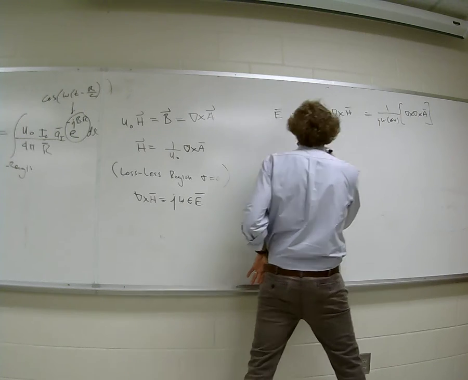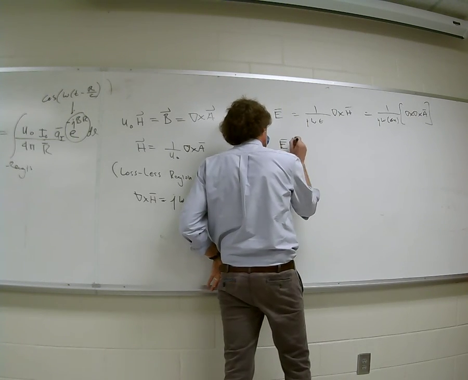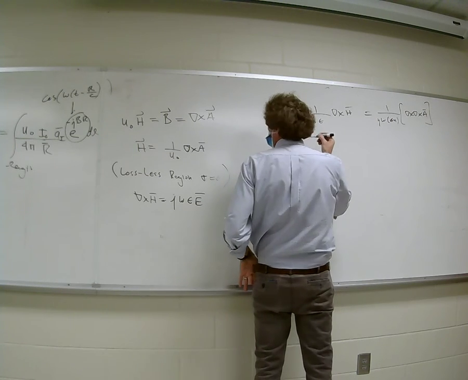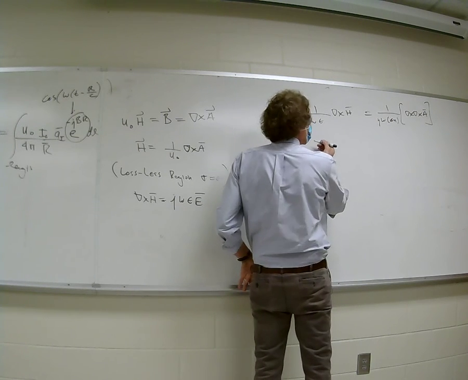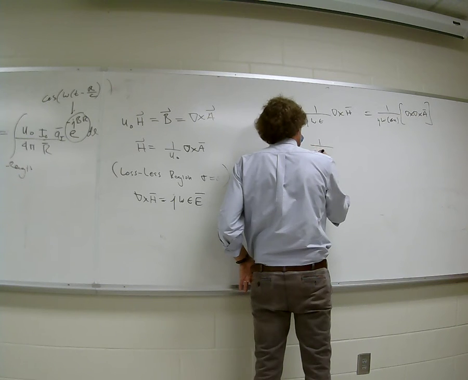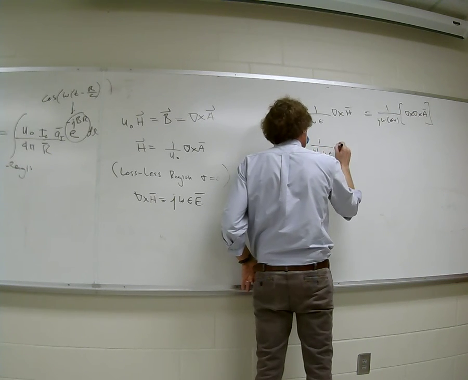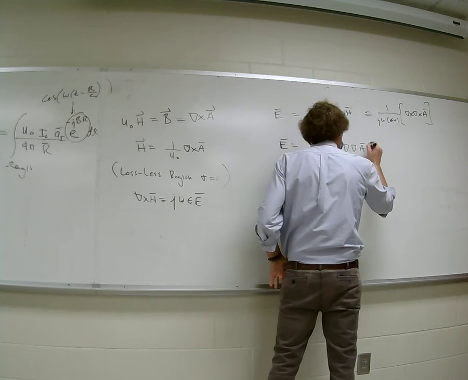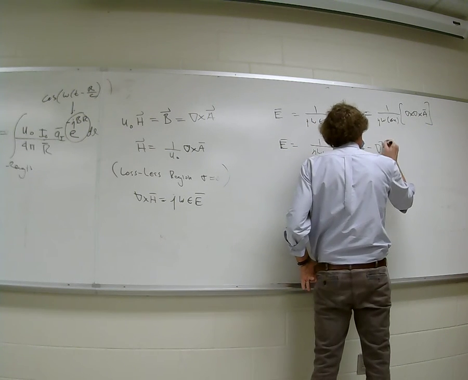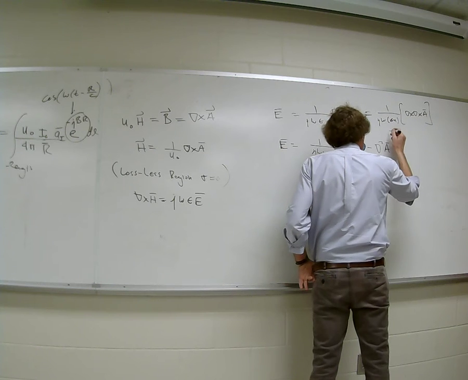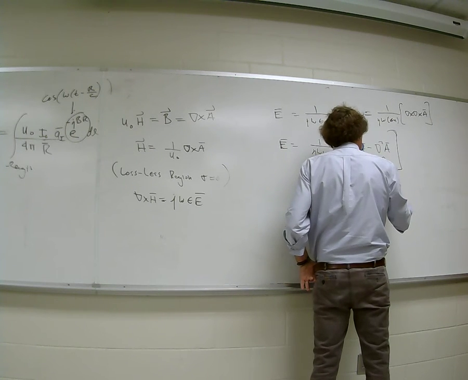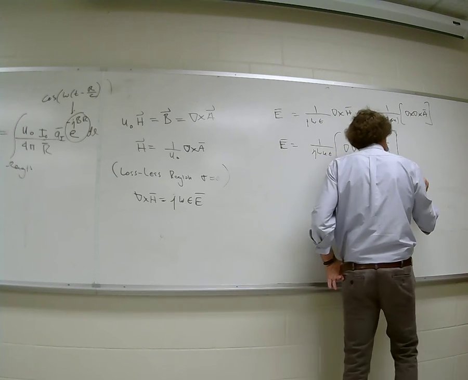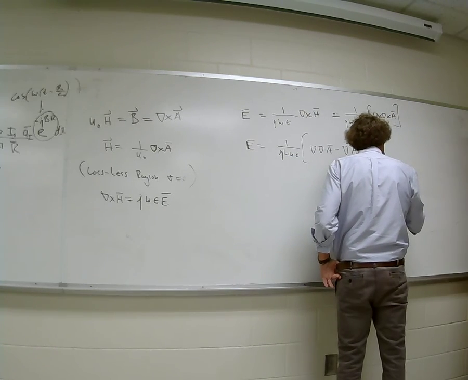So I know now that E is equal to, right here, 1 over j omega mu epsilon, and then it's going to be gradient divergence of A minus del squared of A. This is called a Laplacian, but it is a vector Laplacian.